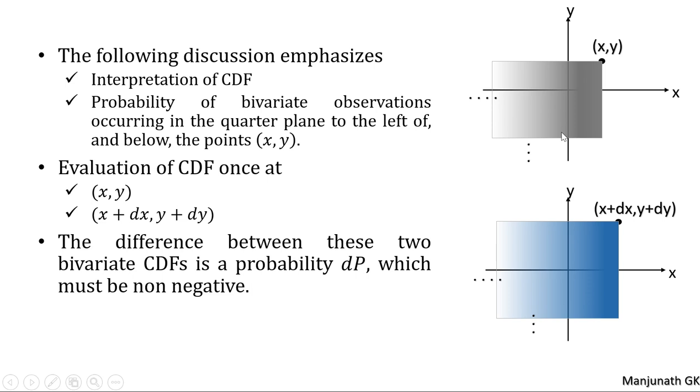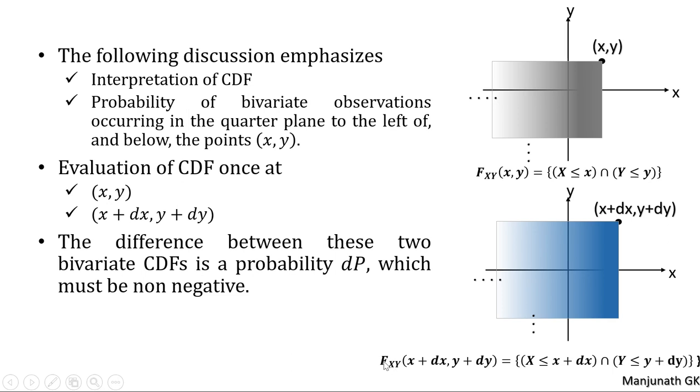The PDF of this graph is denoted as f of XY, x comma y, and it is the probability of the intersection of two random variables X and Y. How to denote this CDF? It can be denoted as f of XY with independent variables x plus dx and y plus dy.